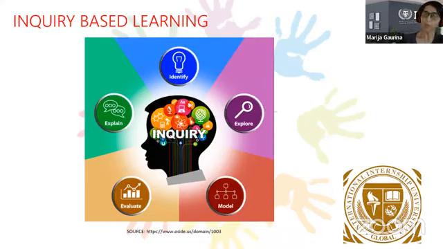IBL also promotes higher-order thinking and helps students develop the ability to think critically and, most important, independently. Moreover, IBL promotes lifelong learning. That is very important.